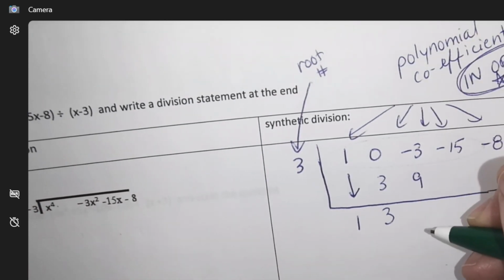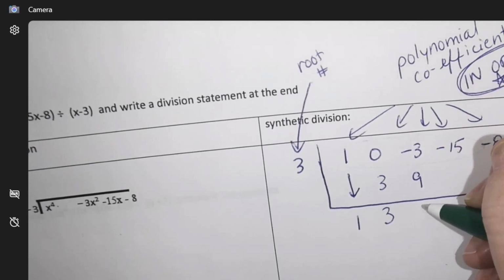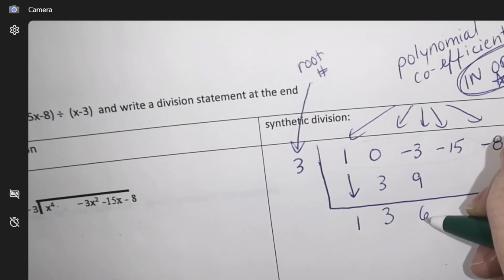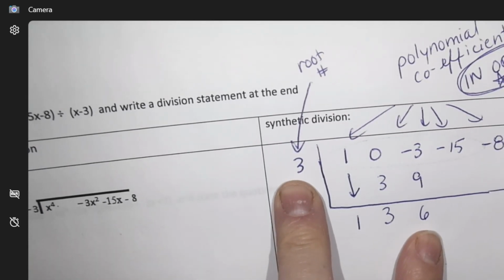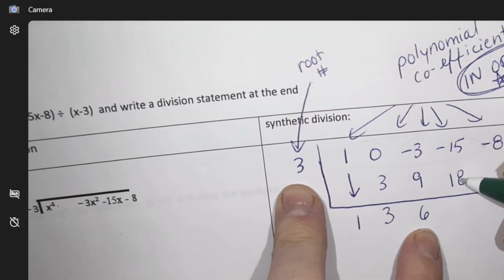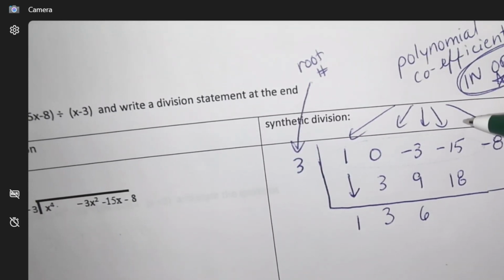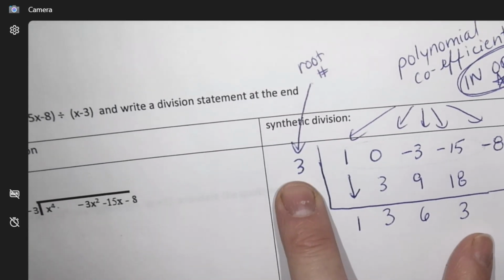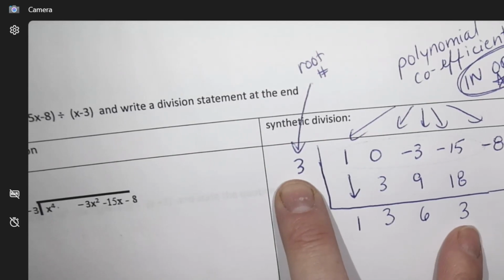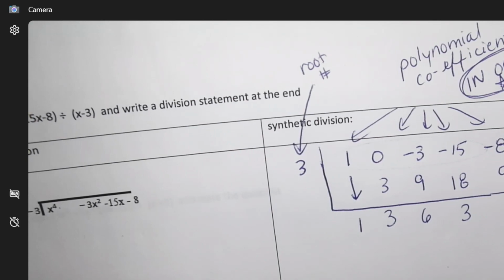Go down, adding, add is 6. Times diagonal here, so 3 times 6 is 18. Add vertical is 3. Times diagonal, so 3 times 3 is 9. Add is 1.